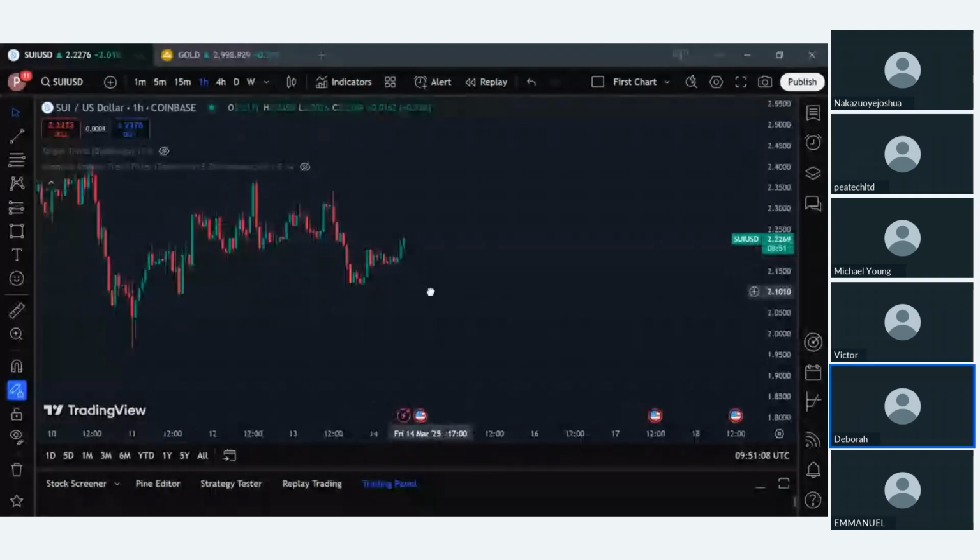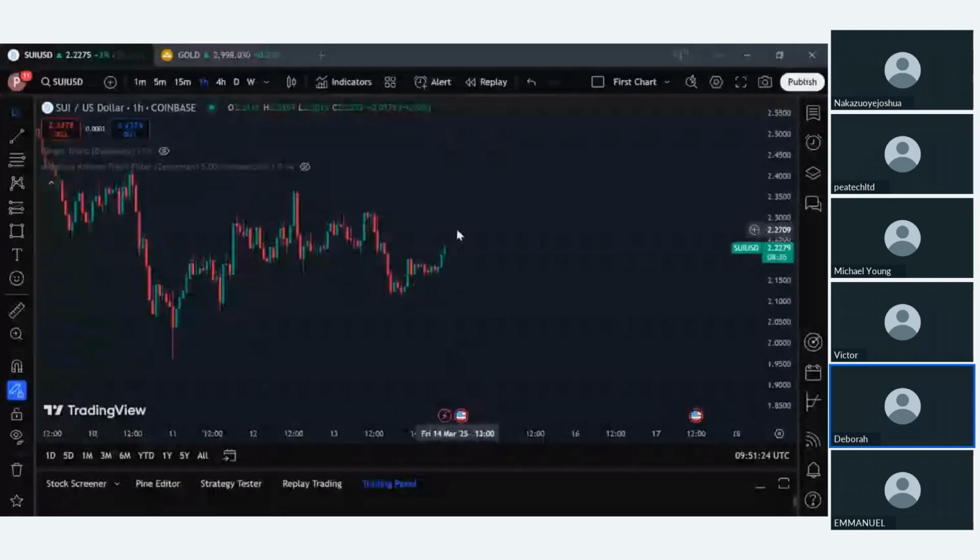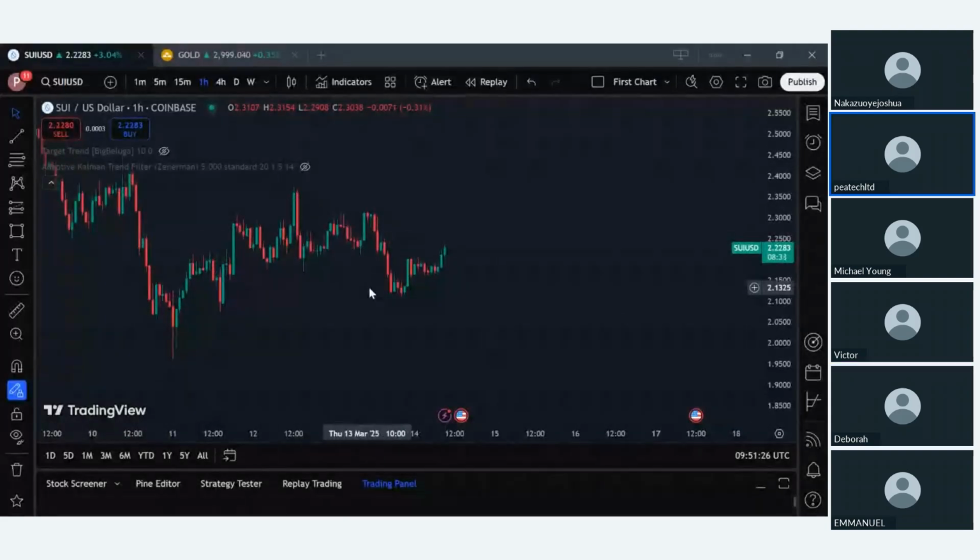Okay, if you want to reduce your screen, look at this part. Let me know when you can see my screen. Yes, I can see it now.